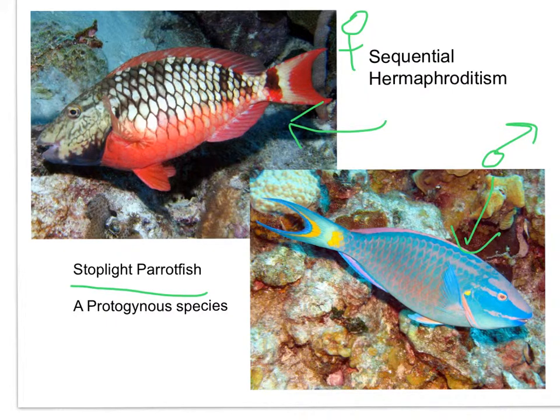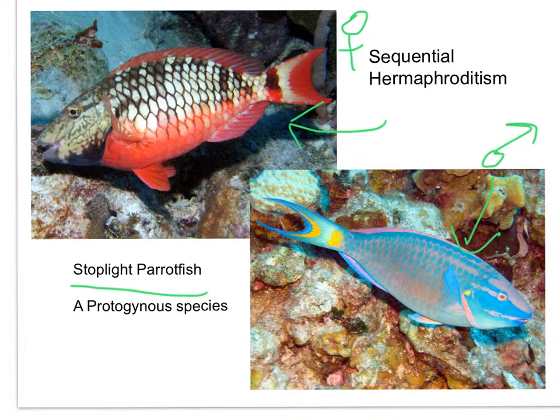Now, they don't all do that, but all of the individuals in a group start out as female, and then usually the one that matures the quickest becomes the male. That particular male will end up guarding a harem of females, and he gets to fertilize the eggs of those females.